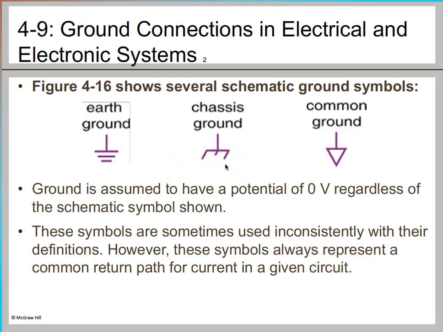This one is chassis ground, and it means the equipotential surface formed by the equipment chassis, which is usually aluminum. If chassis ground is connected to earth ground, then the entire chassis is connected to 0 volts earth ground. And then you have a common ground.